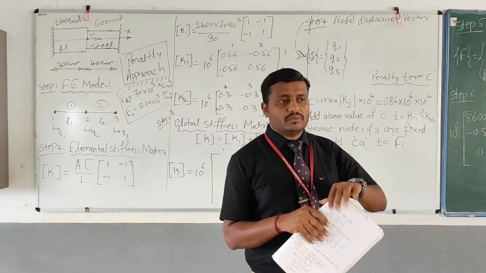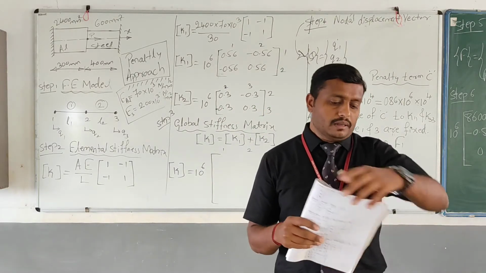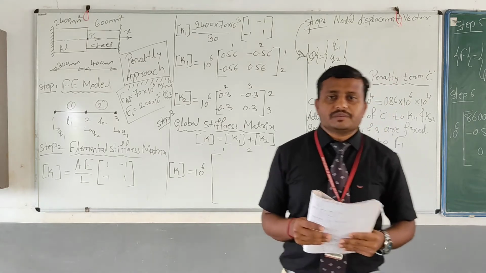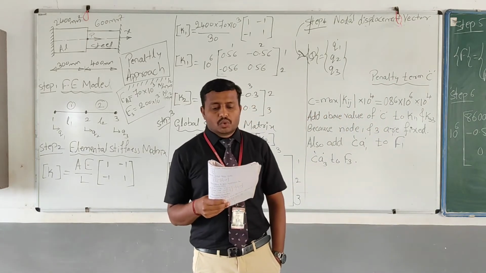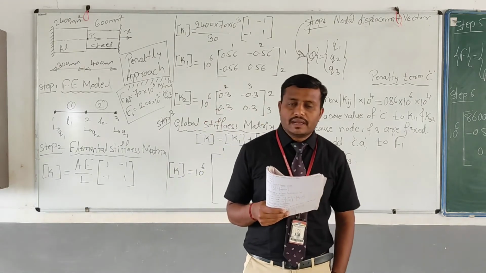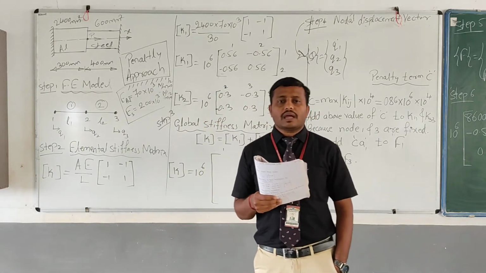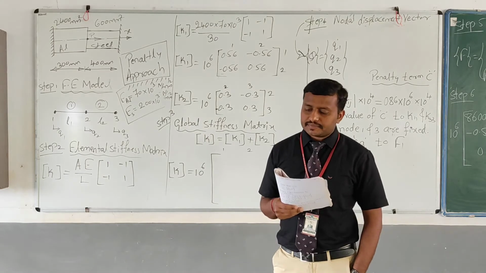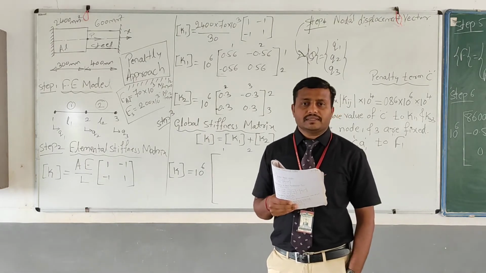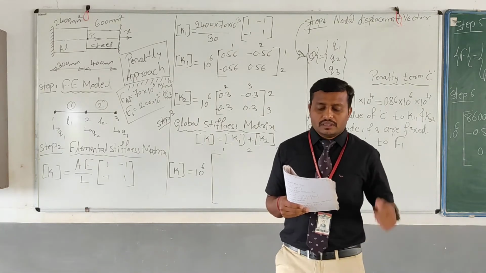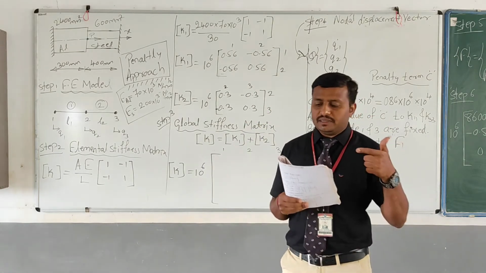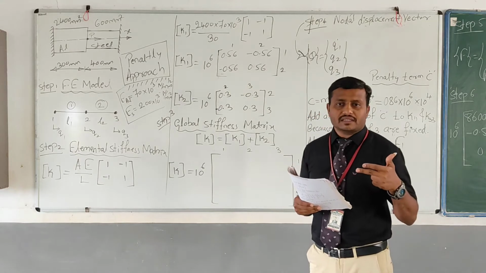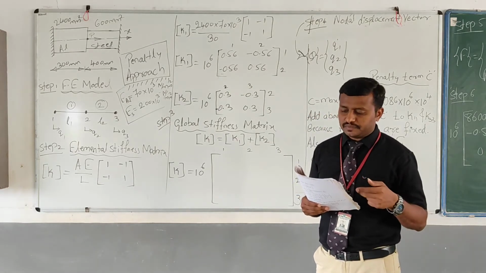So one problem statement I will read here. An axial load of P equal to 200 kN is applied to the bar element as shown in the figure. Calculate first the nodal displacements, second the stresses in each element, third the reactions at the support.